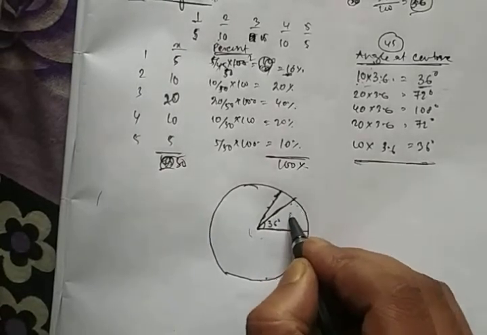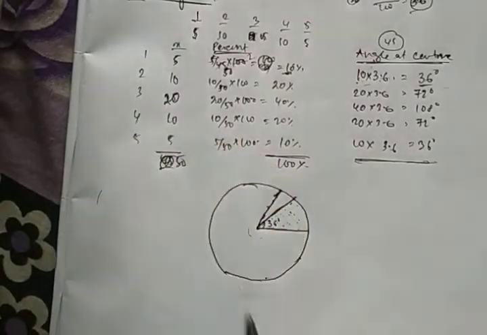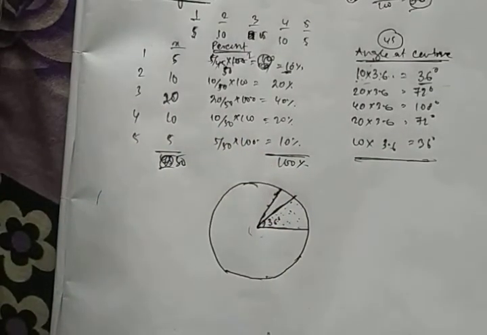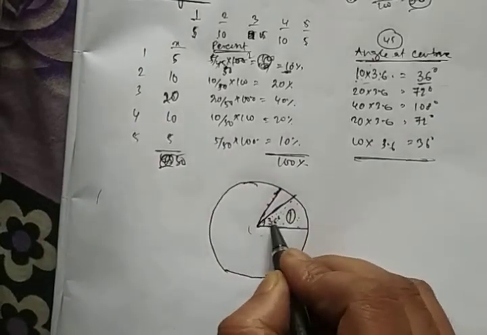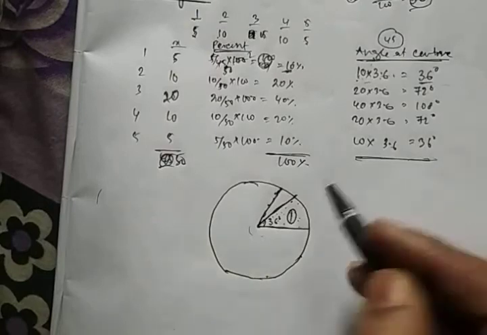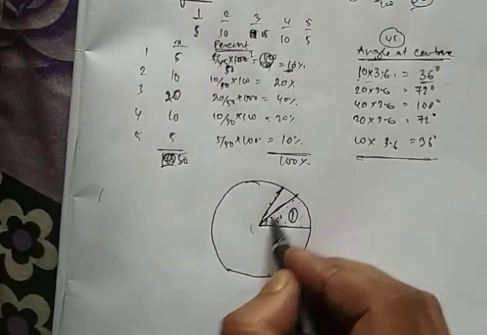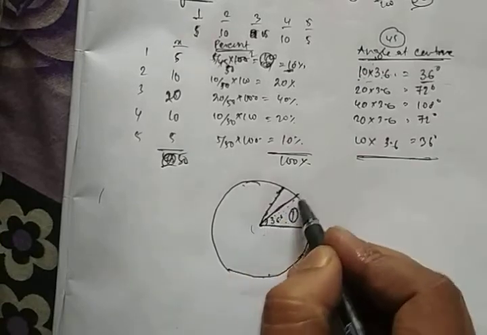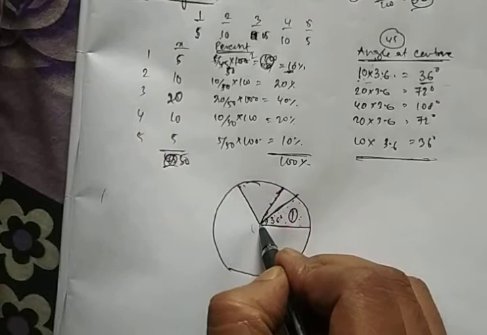So this total area represents the total value of the first category, and it has the angle 36 degrees. The second takes 72 degrees. This is 36, and this will be 72 degrees.